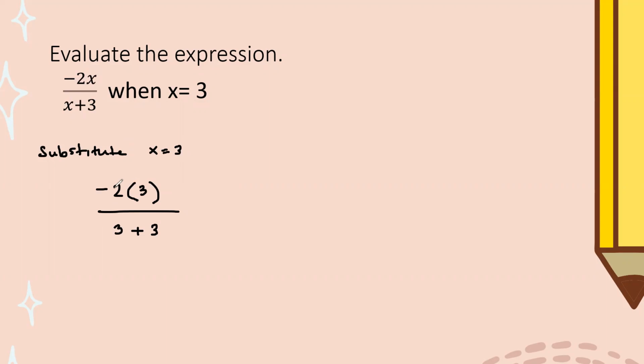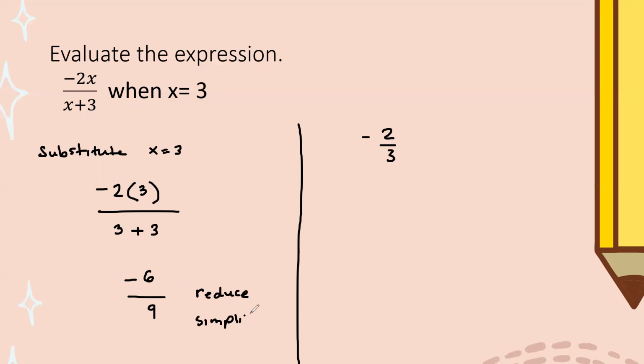Now I multiply the top, so -2 times 3 is going to give me -6, and the bottom is going to give me 9. And now I can reduce this, and I divide top and bottom by 3, so my answer is going to be -2/3. So I can reduce or simplify it. Okay, so this would be my answer for this.